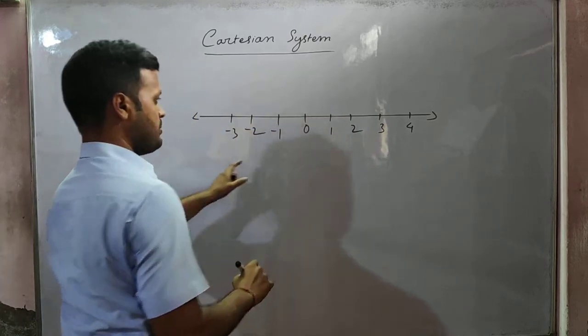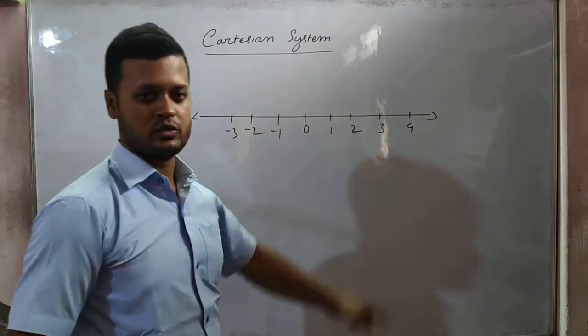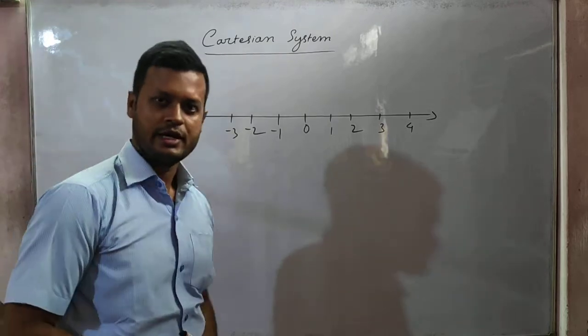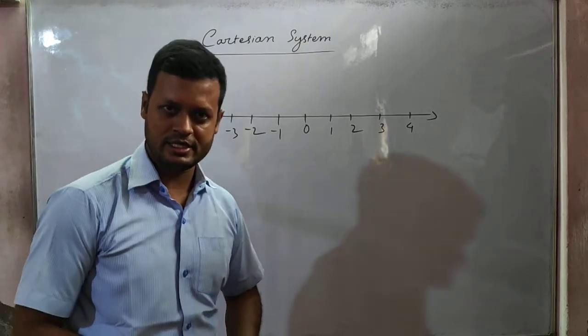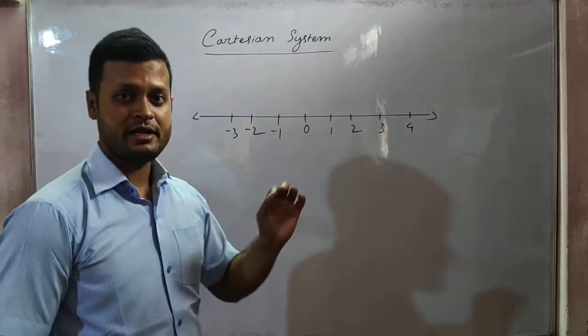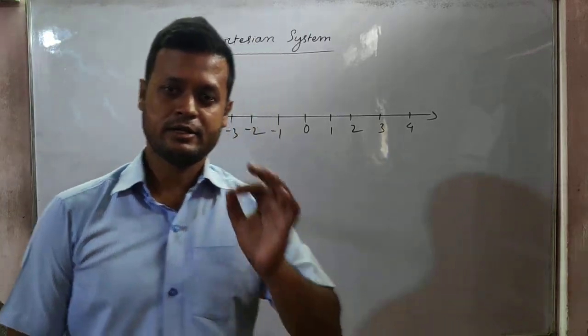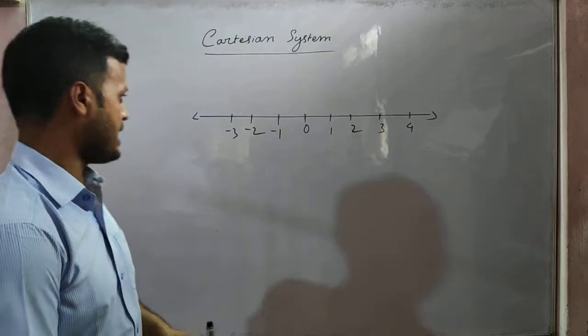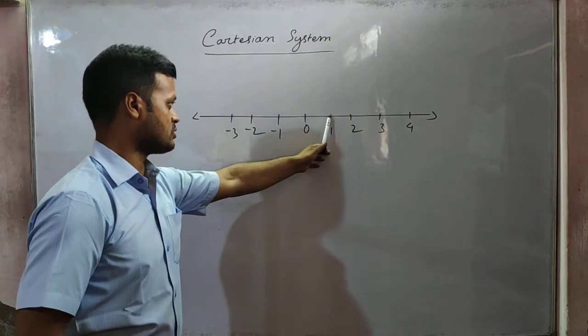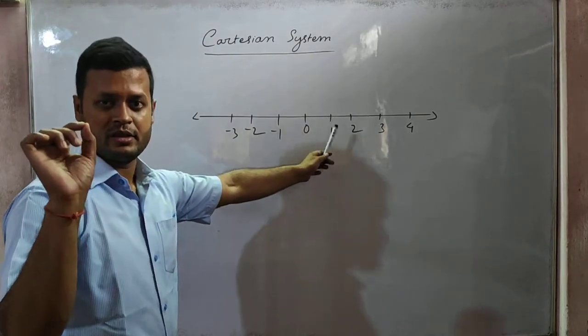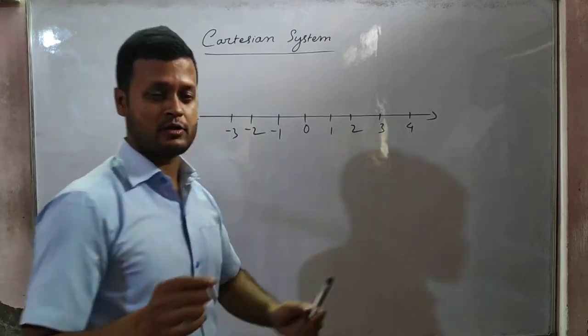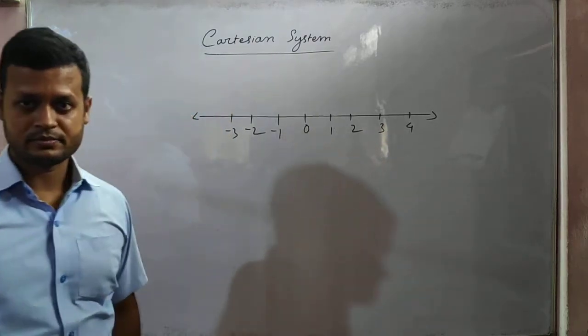With the help of these, we have been able to locate natural numbers, rational numbers and also irrational numbers on the number line, isn't it? But now, if a point is located on a surface, two things are required. On the number line, only one description is required to locate a point, isn't it?